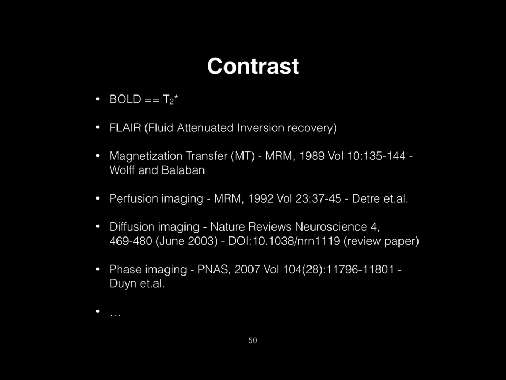Okay, all right. In addition to the basic types of contrast that I've talked about here, depending on how you manipulate RF pulses, gradients, timing, you can do fluid suppression. So this is the basis of what's FLAIR imaging.